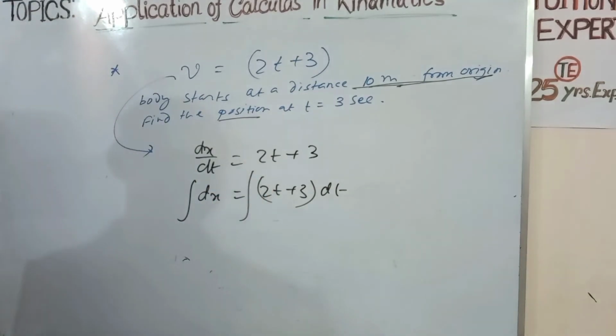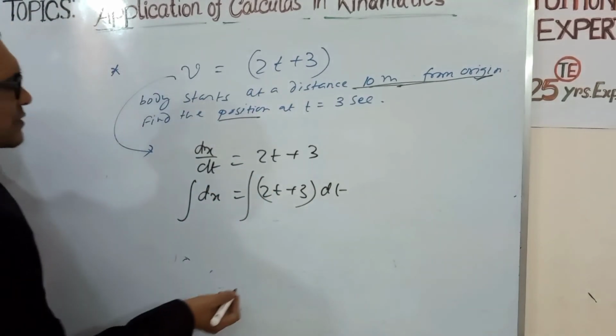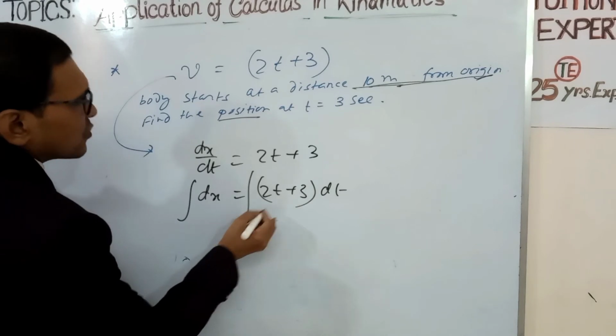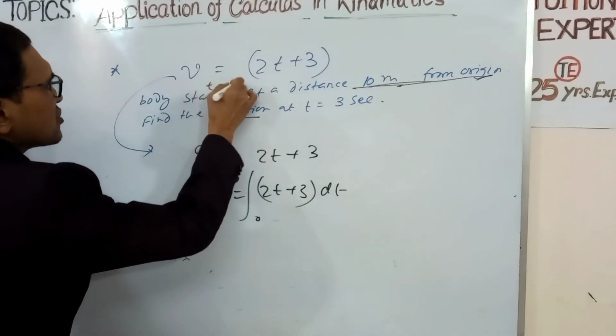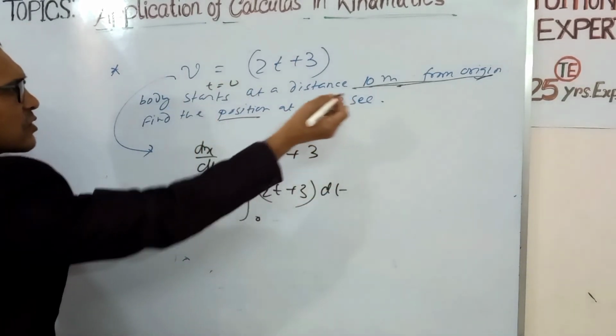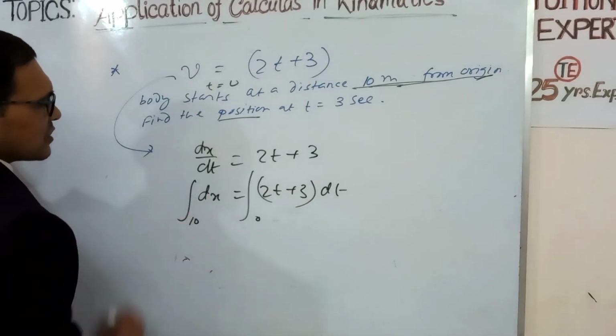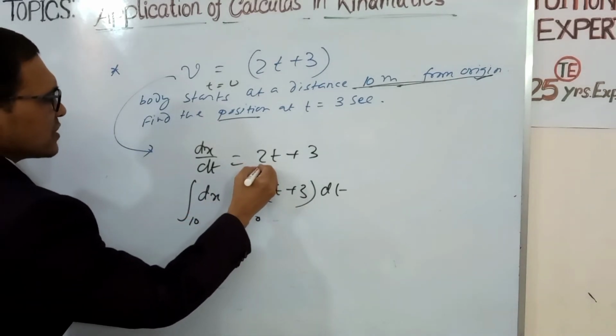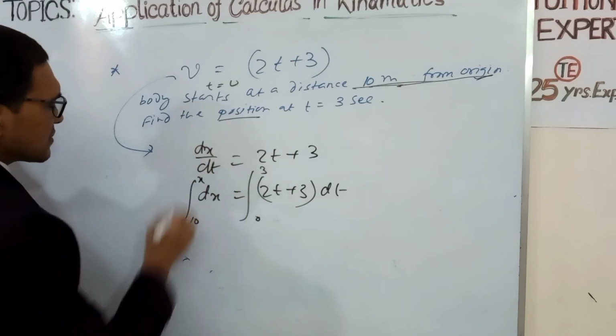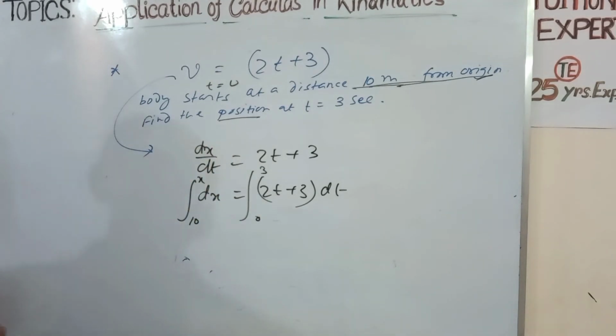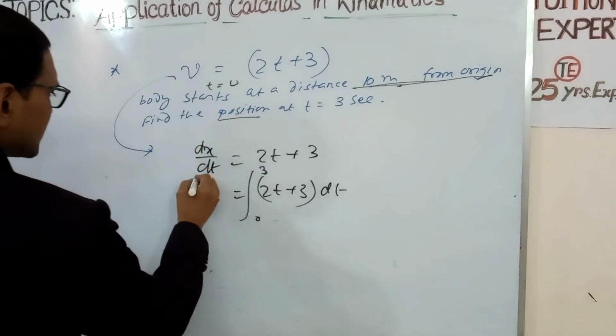integrate this. Now here we use the limit. When t equal to 0, the body starts, means t equal to 0. When t equal to 0, x equal to what? x equal to 10. We have to use that. Now when t equal to 3, the position is what? We have to write this. So this is 3, this is x.